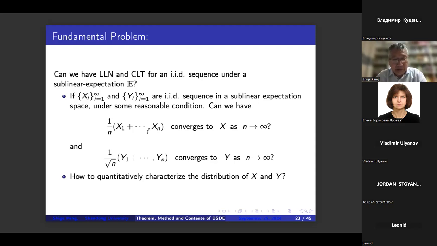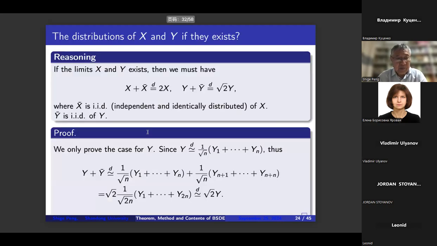But can we get the distribution? The limit distribution we have is first, if x plus x bar, where x bar is an independent copy of x, then x plus x bar is identically distributed like 2x.